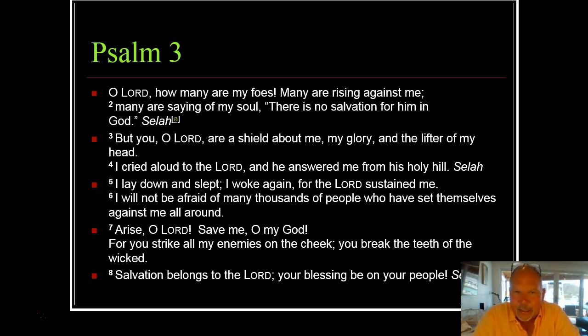I lay down and slept. I woke again, for the Lord sustained me. I will not be afraid of many thousands of people who have set themselves against me all around. Arise, O Lord, save me, O my God, for you strike all my enemies on the cheek. You break the teeth of the wicked. Salvation belongs to the Lord. Your blessing be on your people.